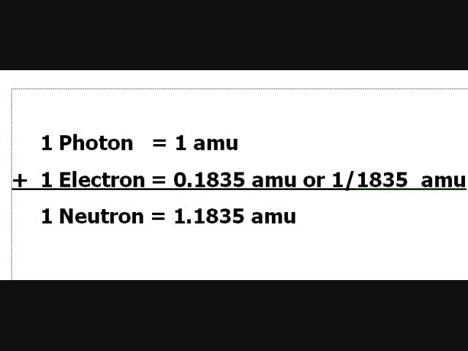Now, add those two together and what do you get? 1.1835. That's how big a neutron is. Now say this. One neutron equals, and then add those two together, that's a neutron. 1 point, that number.